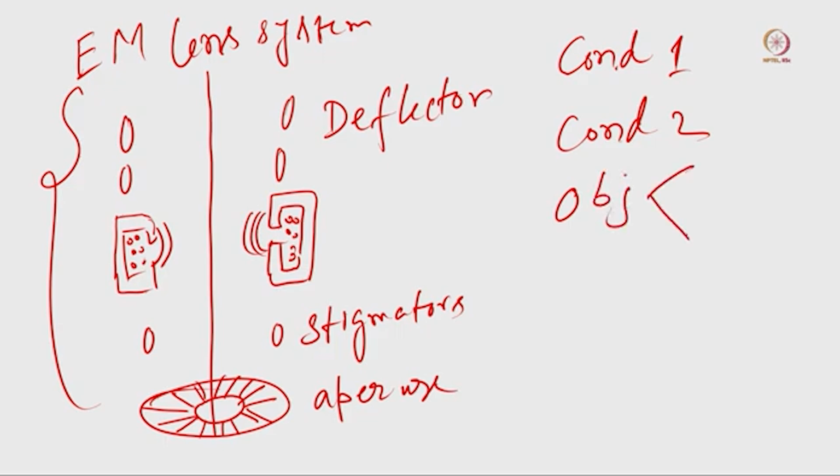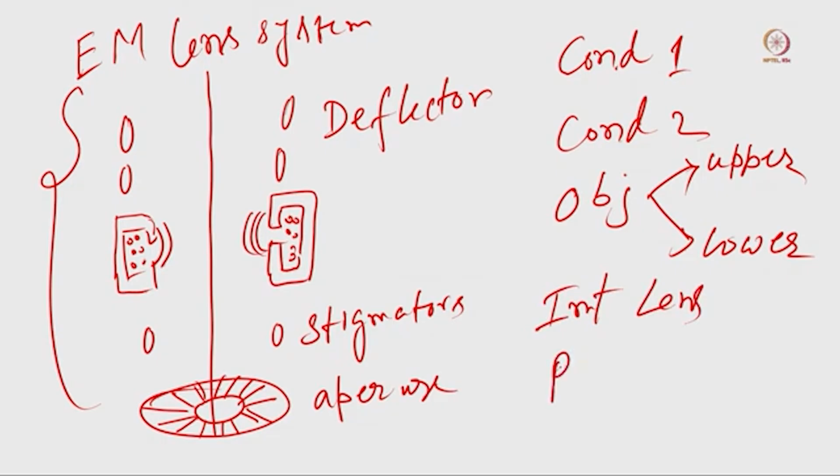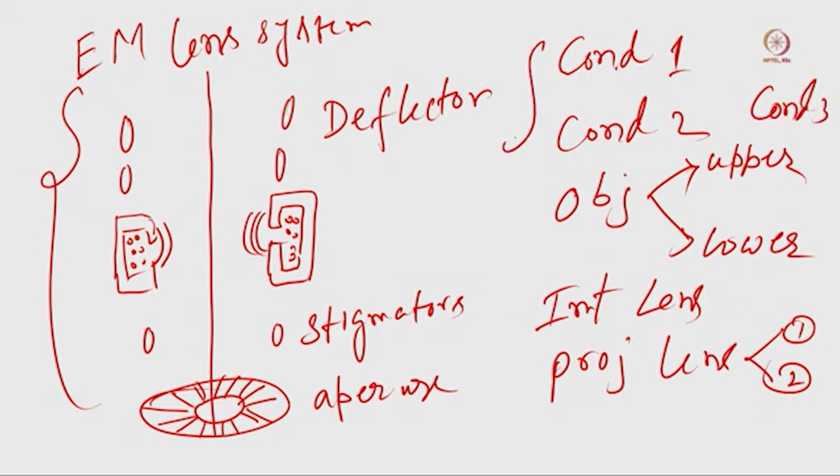The objective lens will be split into two halves, upper and lower objective lens, and then the intermediate lens, and then the projector lens. The projector lens again is 1 and 2. Sometimes in between, after condenser lens 2, there will be a condenser lens 3 also. So we mainly consider this.